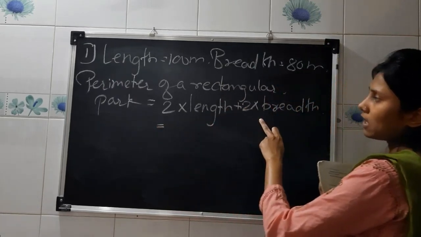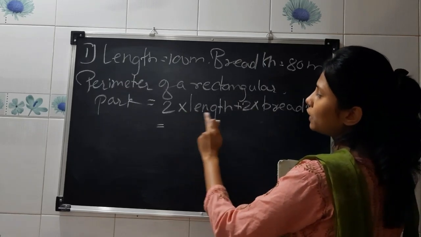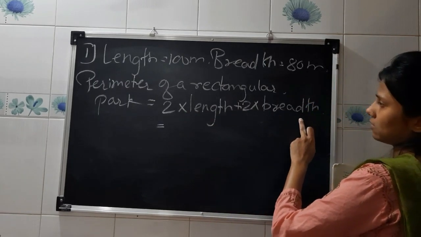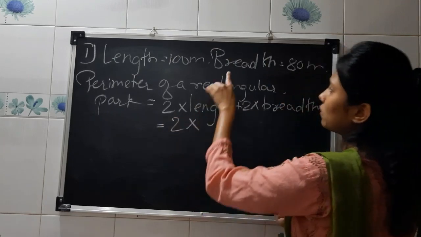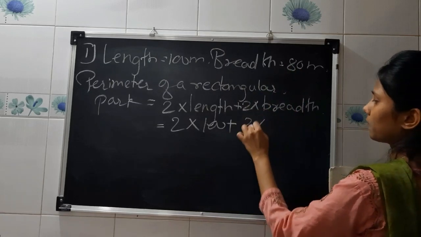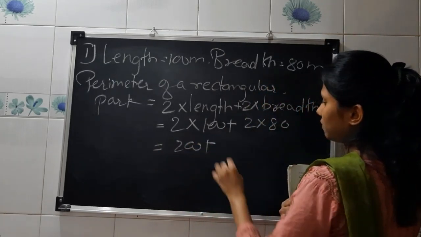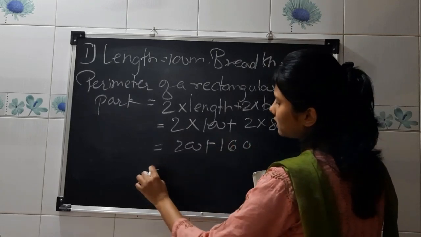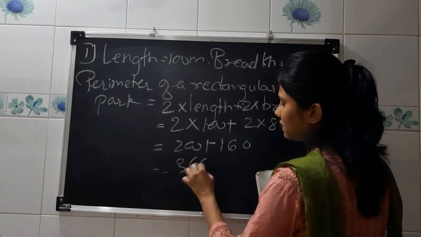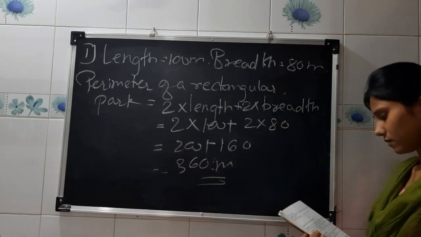This is the formula for finding the perimeter of a rectangle. So 2 into length plus 2 into breadth. Here, 2 into length 100 plus 2 into breadth 80, 200 plus 160, 360 meters is the perimeter.